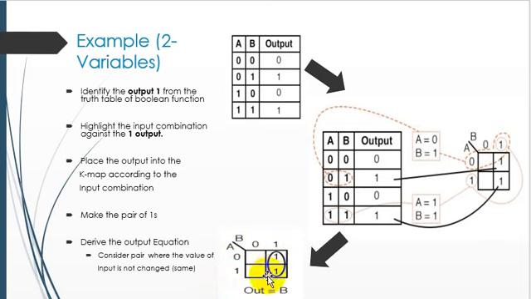The pair is made in a column, and A changes from 0 to 1 across this pair, but B remains unchanged throughout this pair. So the output should be that variable which is unchanged throughout the pair. That's why we write down B only, not A, because A changes from 0 to 1 throughout the pair.